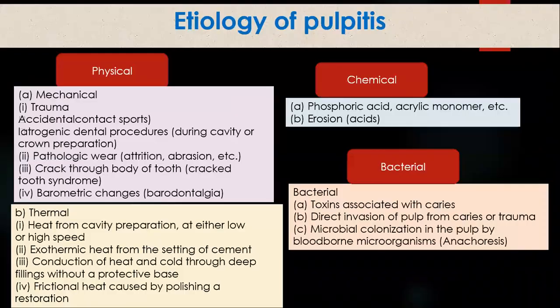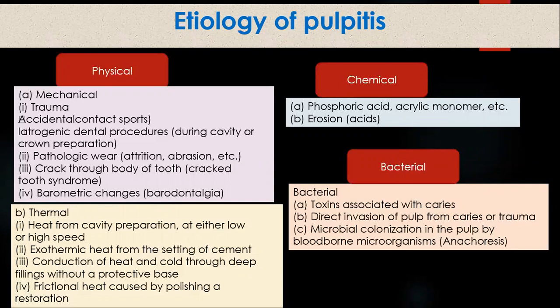So, clear about this. Next, we have the etiology which causes pulpitis, which may be physical, chemical or bacterial. Physical can be mechanical or thermal. Mechanical includes trauma, cracks, and pathologic wear like attrition or abrasion, which exposes the dentin, and barometric changes, that is barodontalgia, which reverses the pressure within the pulp.